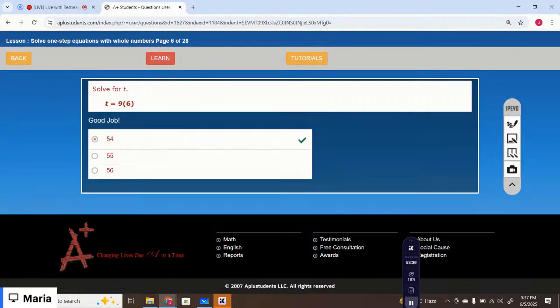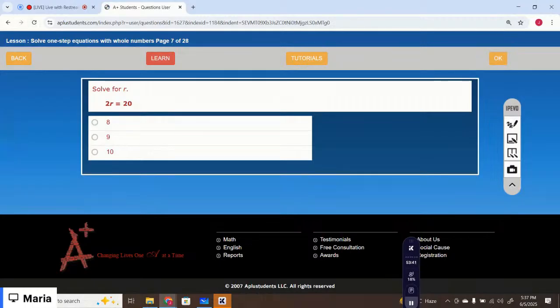Option number 1 is the correct option. Solve for r. 2r equals 20.